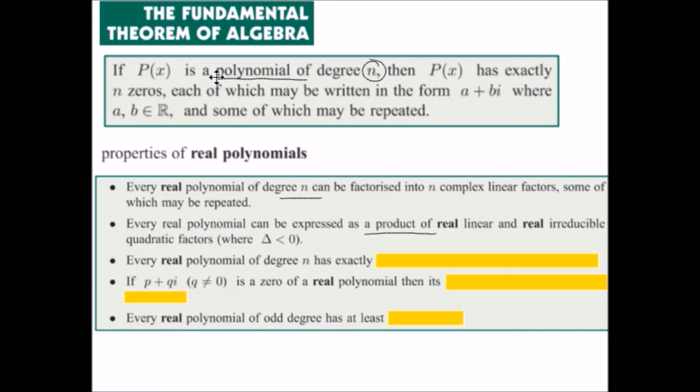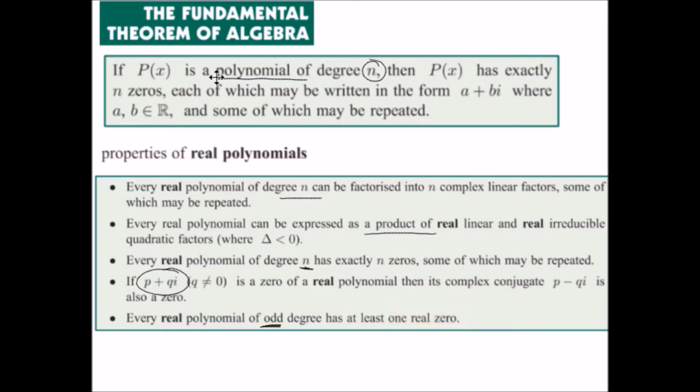Third, every real polynomial of degree n has exactly n zeros. Fourth, if we have a complex zero, then its conjugate must also be a zero if we have a real polynomial. And the final one, every real polynomial of odd degree must have at least one real zero.